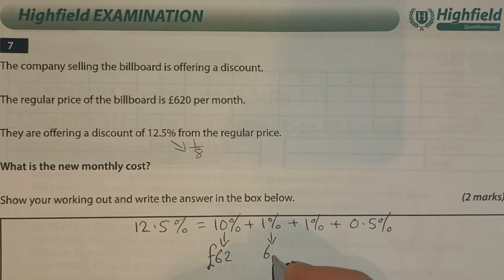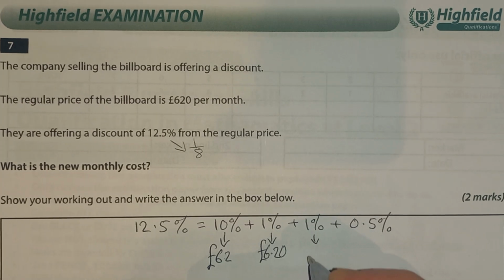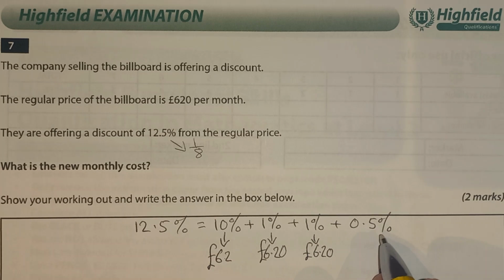So 1% is going to be 6.2, and because it's pounds, it's going to be £6.20. Well, we've got another 1%, so it's going to be the same again. And 0.5 is 0.5%, so we want half of 1.